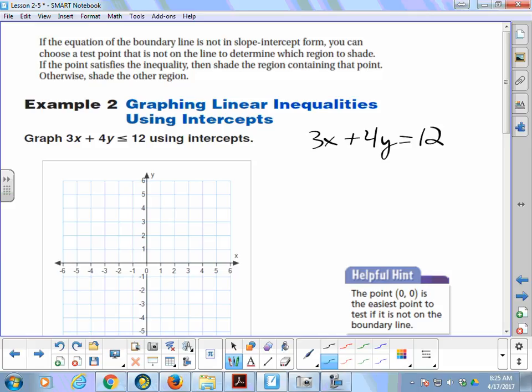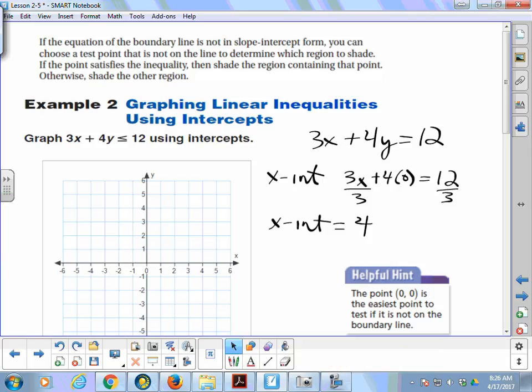So the x-intercept, remember we're going to let y equal 0 to find the x-intercept. So since 4 times 0 is 0, we can just divide by 3. So our x-intercept is equal to 12 divided by 3 is 4.